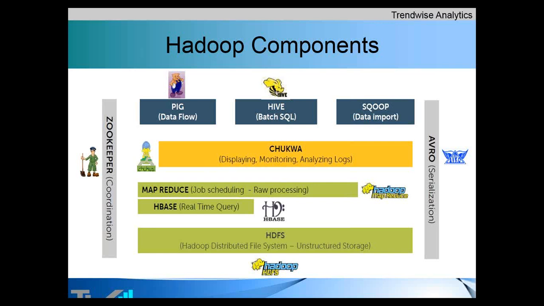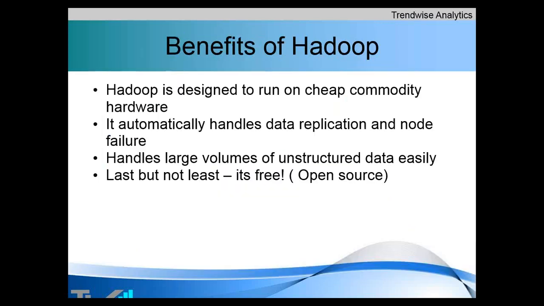That is Hive. And Pig is used to write a series of statements, like SQL statements. It's somewhat like PL/SQL. There are other components, probably we don't have time to go into all the details, but this is a quick overview of the various components of Hadoop.